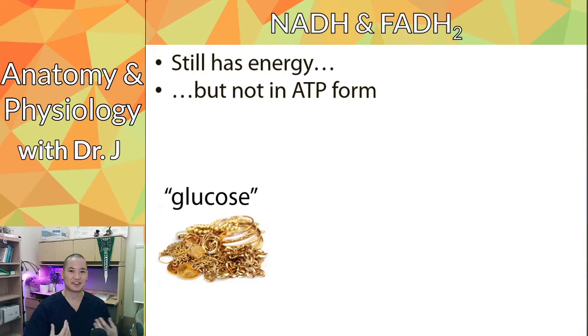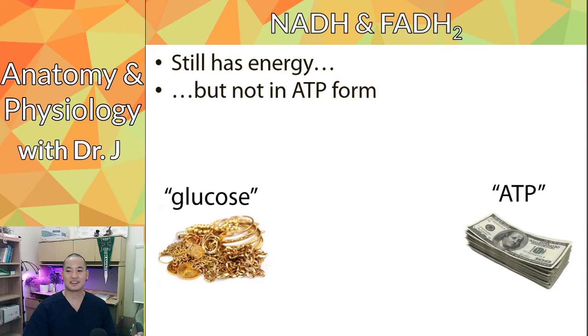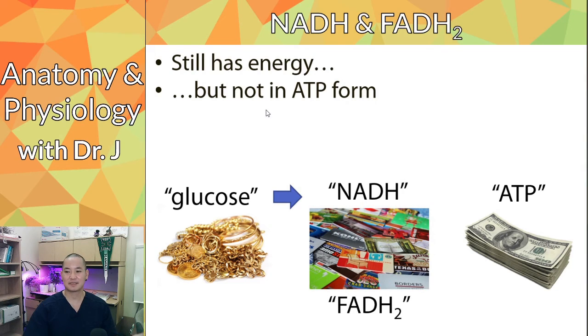But is it that final cash form that your cells can easily use? Not quite yet. You have to convert it to ATP somehow. So if ATP is like currency and cash, I like to think of NADH and FADH₂ as something in between. A little easier to use than glucose by itself. You're taking the value from the energy in glucose and converting it into a more easily used form, but it's also a stored form.